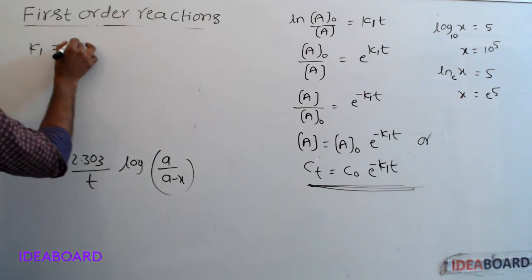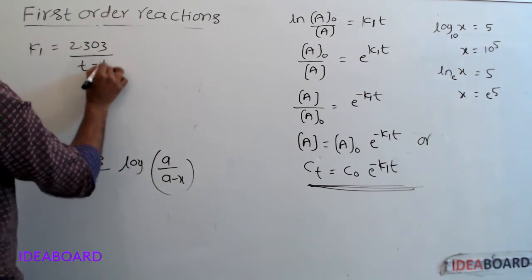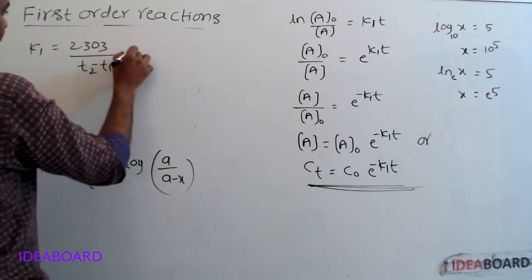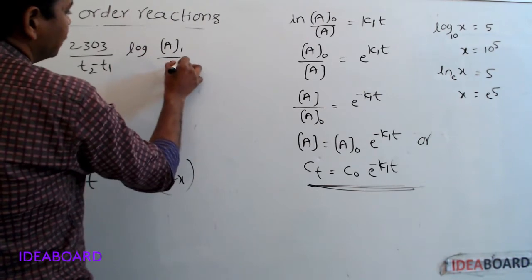Next, k1 is equal to 2.303 by T2 minus T1 into log of A1 by A2.